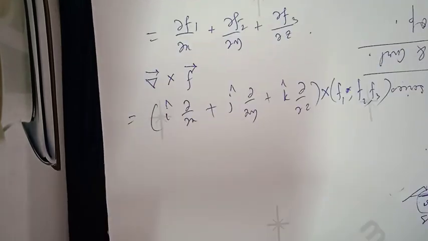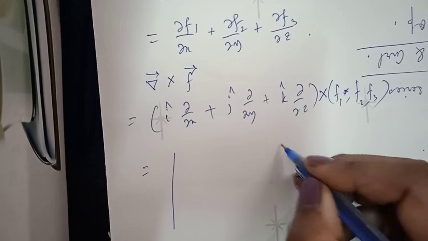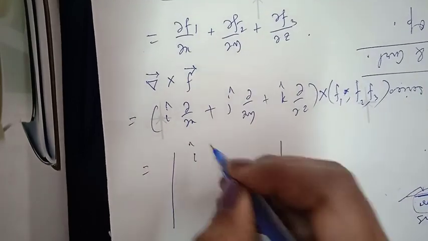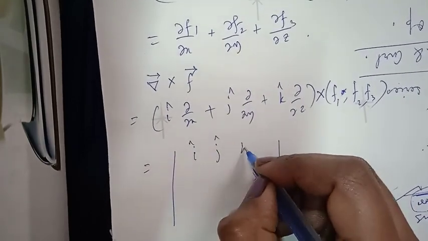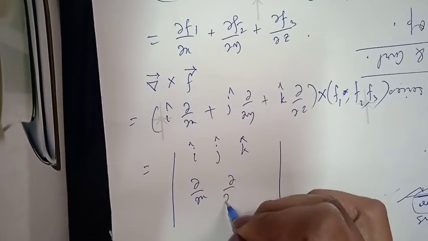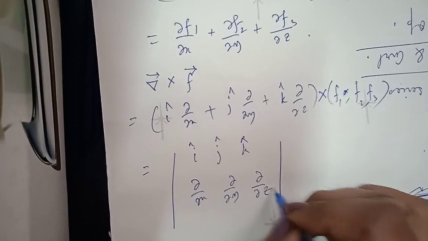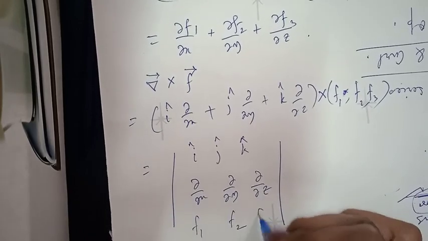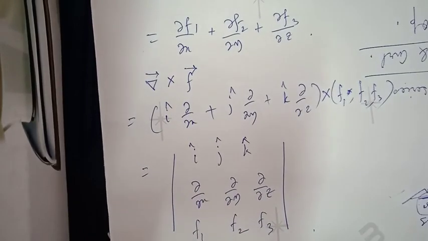Now how to calculate their product? Just compute the cross product: first row i cap, j cap, then del x, del y, del z and f1, f2, f3. Okay, so this is how we calculate all these things.